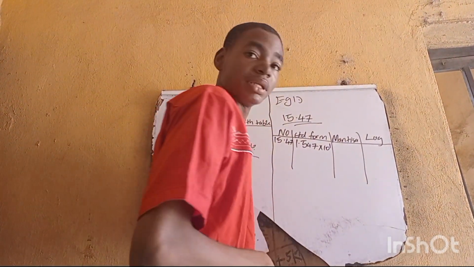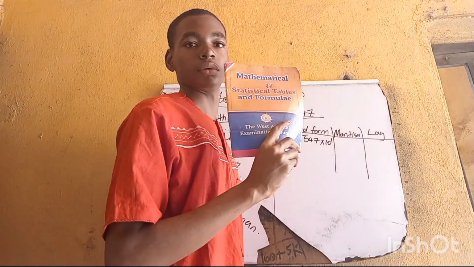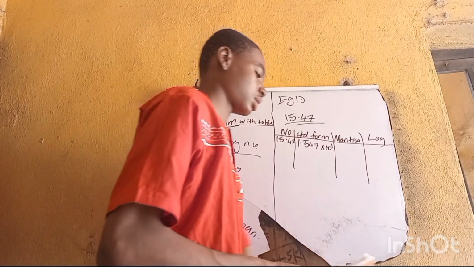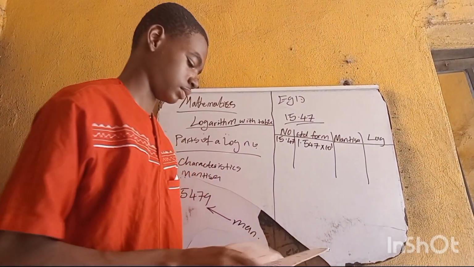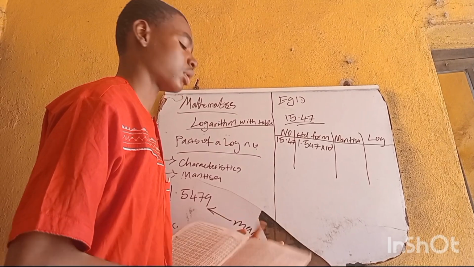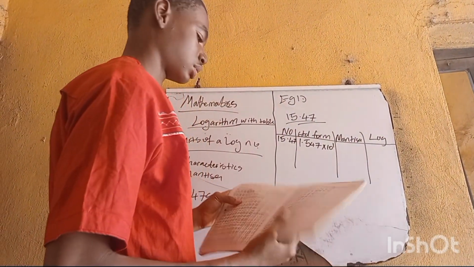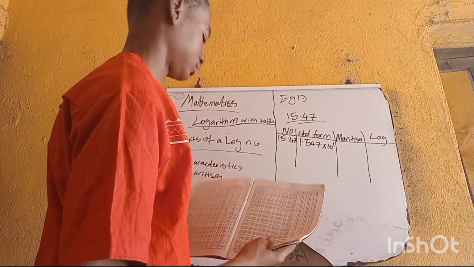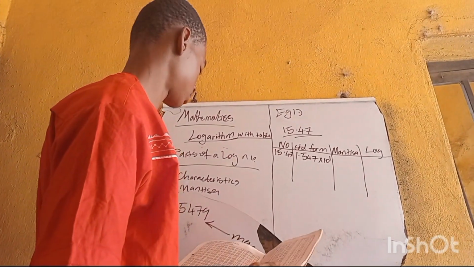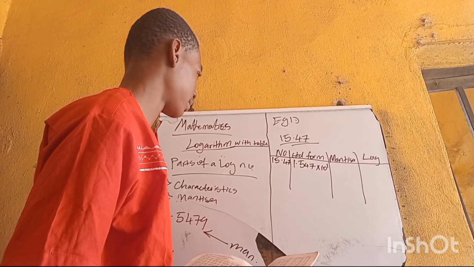Now, to find the mantissa, you pick up your statistical table, your 4-figure table. You open to logarithm of numbers, or you could just use your calculator. In logarithm of numbers, you look for 15, log 15 under 4.